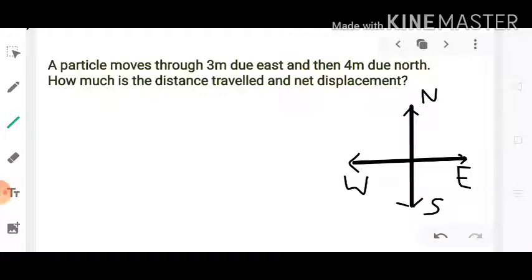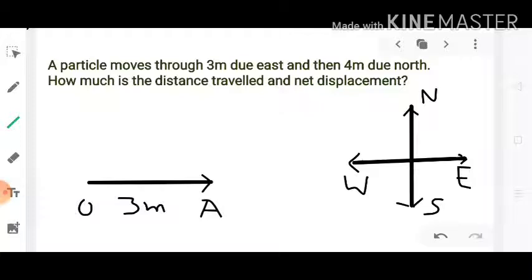So now that we have marked the 4 cardinal directions, following this convention we will be drawing a rough sketch using the values given in the question. So first of all, the particle moves through 3 meter due east. So let this distance be given by OA, and this is towards east. So it is 3 meter.